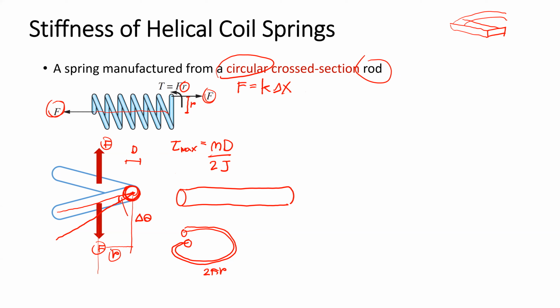If the total number of coils is 1 coil, 2 coil, 3, until n, if we have n number of coils, the total length of the rod is n multiplied by 2 pi r, where n is the number of coils and r is the coil radius.